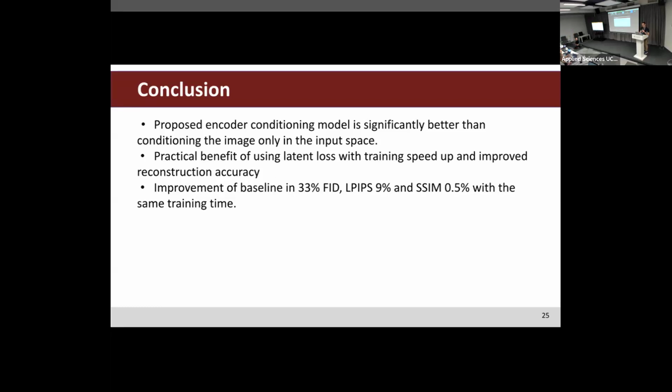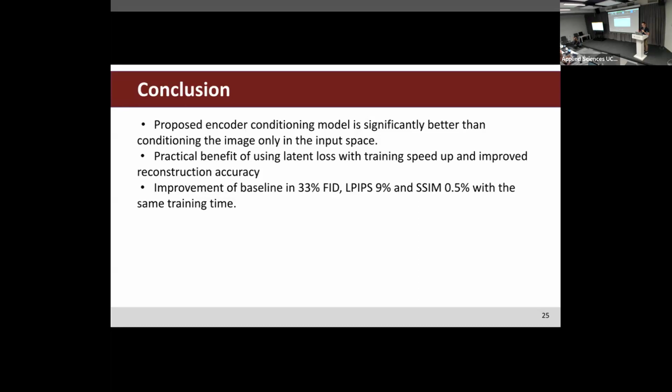And secondly, we show this notion of latent learning. We moved this loss from the pixel space to the latent space of the encoder. It shows better results compared to the L1 loss.